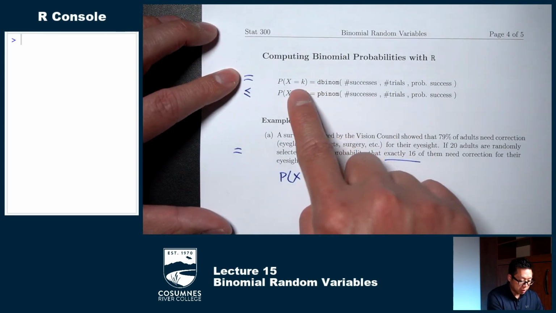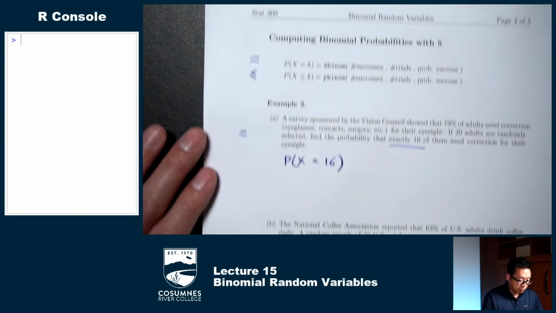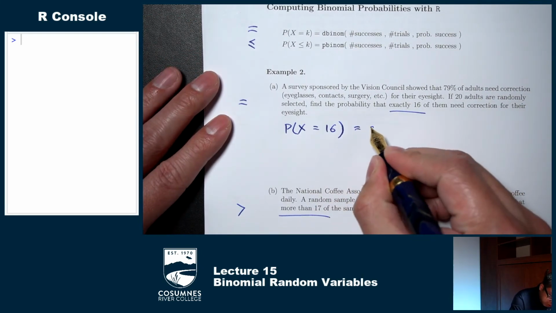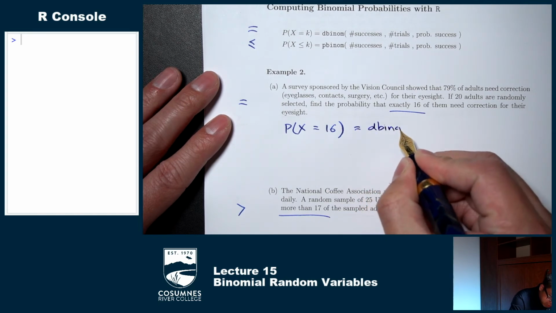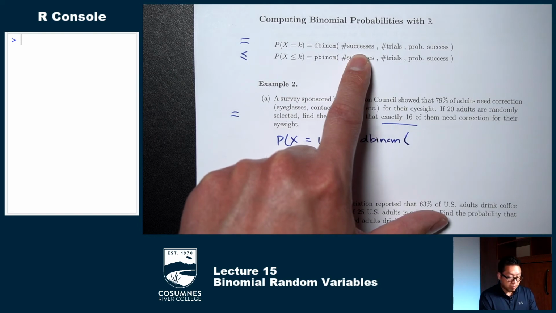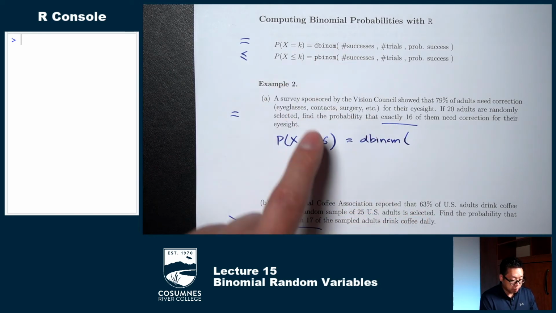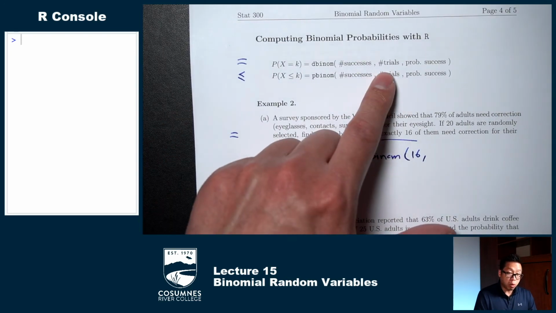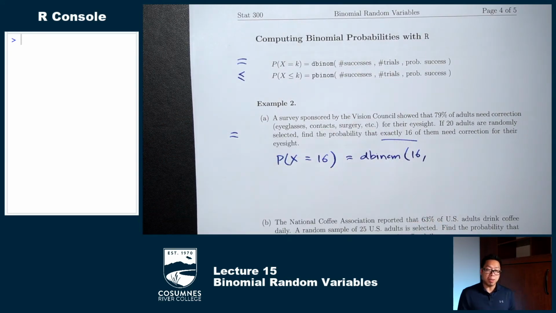The command we're going to be using is dbinom. So dbinom, parentheses, number of successes. Number of successes is the k, which in our case will be 16, comma, number of trials. Number of trials, when we talk about picking people, is the total number of people that we're picking.